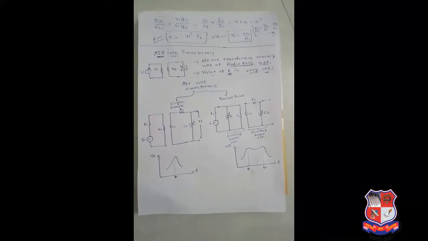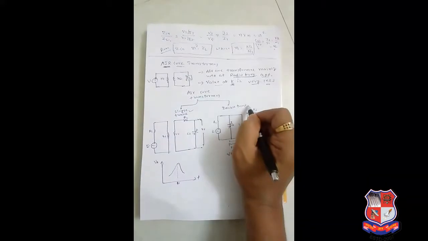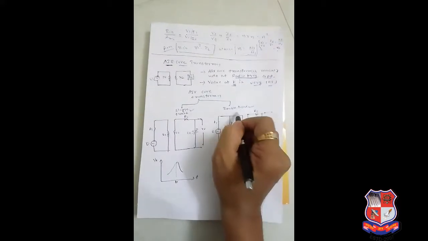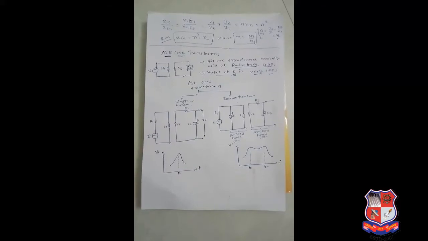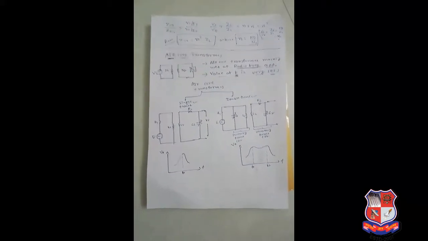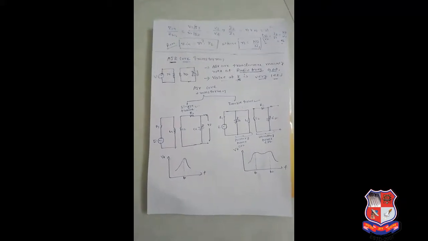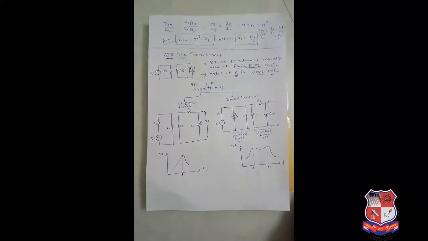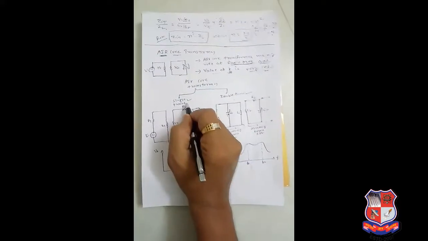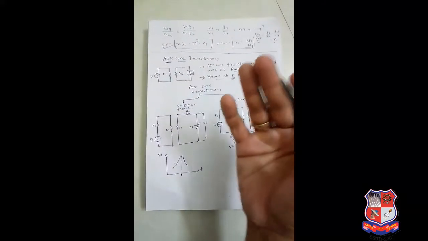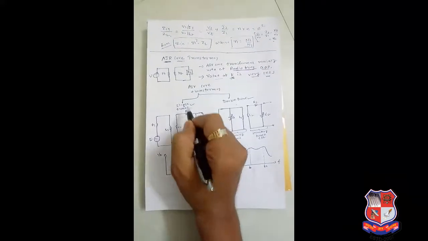Now, the air core transformer is further classified into two categories: single tune and double tune transformer. Let's first discuss the single tune transformer. As we have already studied, a tune circuit is a circuit used for tuning to a certain frequency.